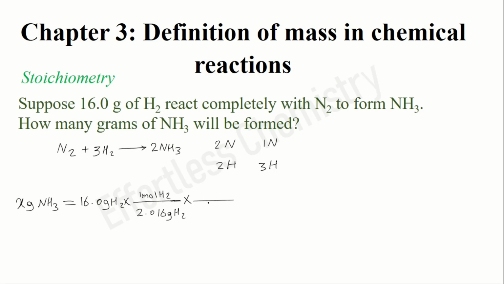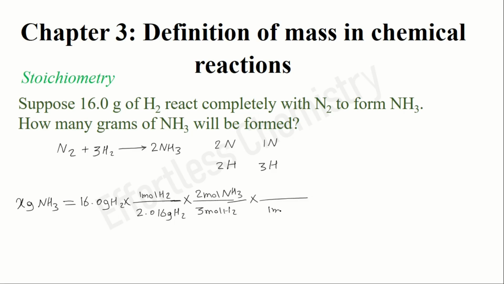Then now I need to find the molar ratios from the balanced equation. From the balanced equation, I know that 3 mole of hydrogen leads to the production of how much ammonia? 2 mole ammonia. And then in this step again, I will need to convert mole to grams because this problem asked about grams of ammonia.